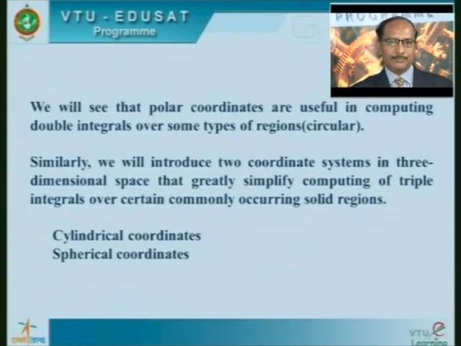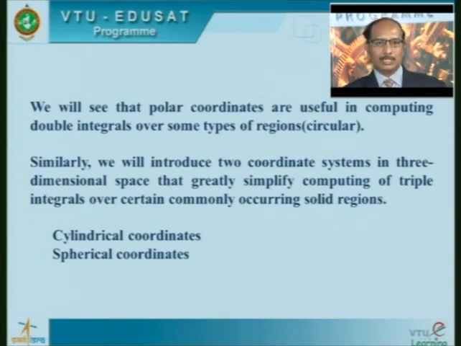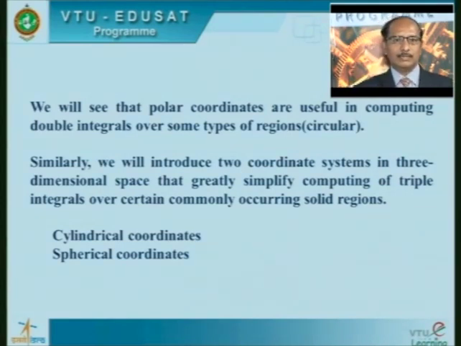Now we will see that the polar coordinates are very useful in computing double integrals over some of the typical regions. When the regions are circular or part of a circle, we convert the Cartesian system to the polar coordinate system, then evaluate using double integrals.